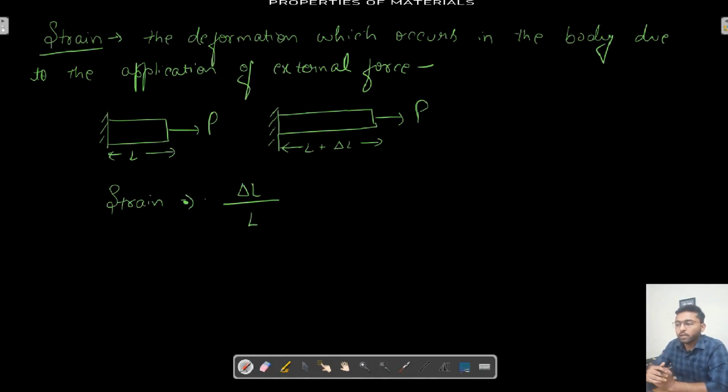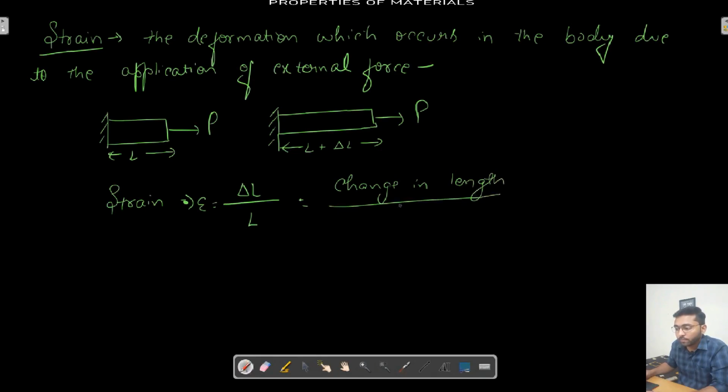The deformation which occurs in the body due to the external force is known as the strain, and numerically strain is change in length. We have to keep this point in our mind, that this is the change in length with respect to the original length.